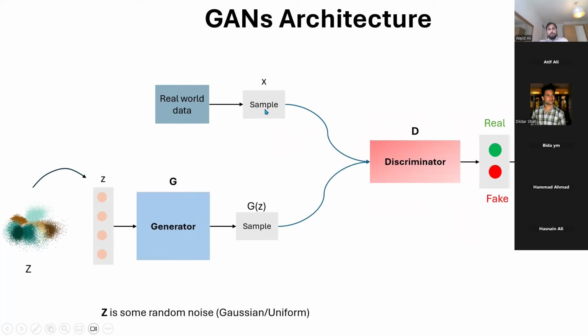Initially it can easily identify if this sample is fake, because it will check it against the real one, and it will say if this is real or fake, and then the loss.